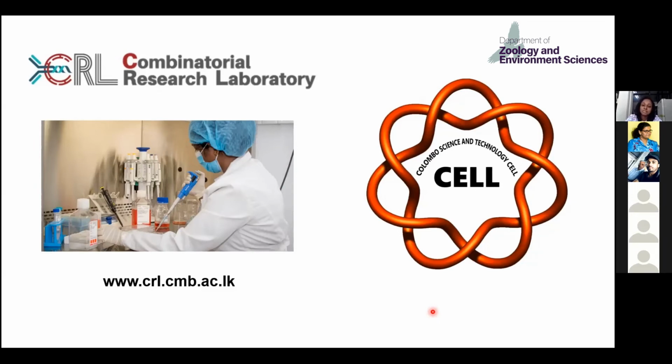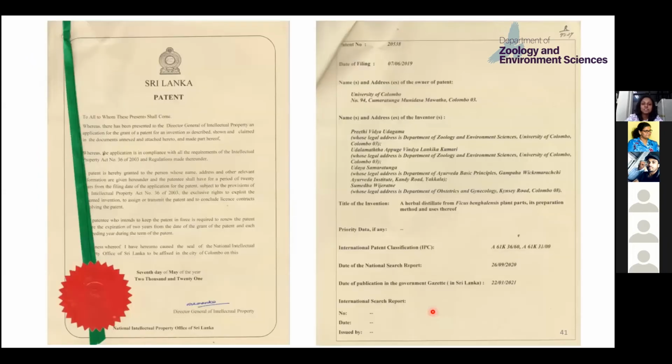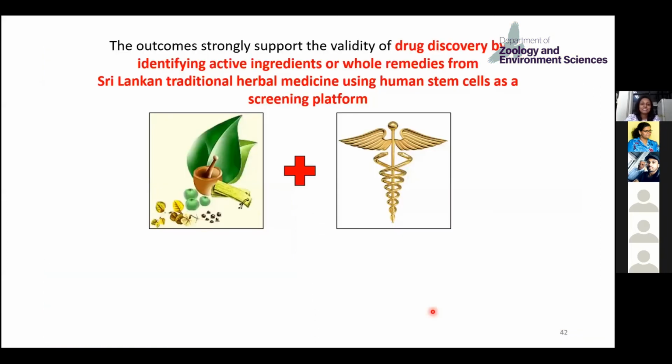They helped us immensely and continuously to file a patent application. We filed it in 2019 and we received it in 2021. I think it is the first patent for the department as well.